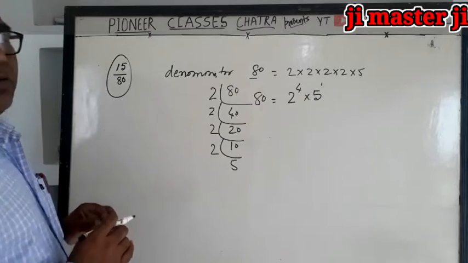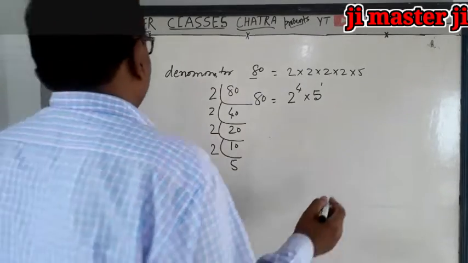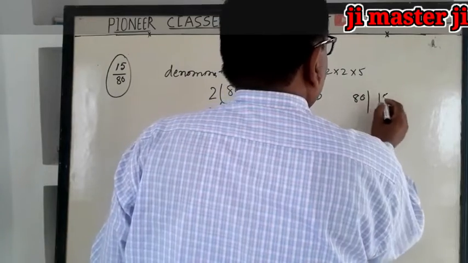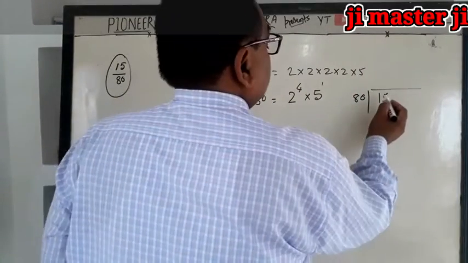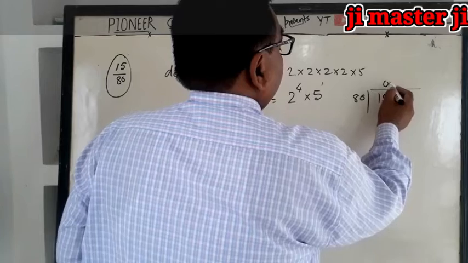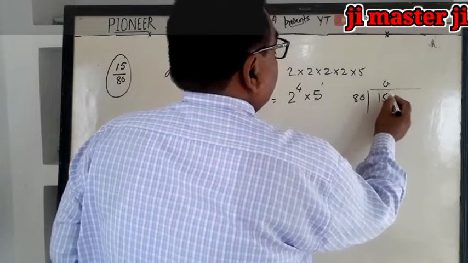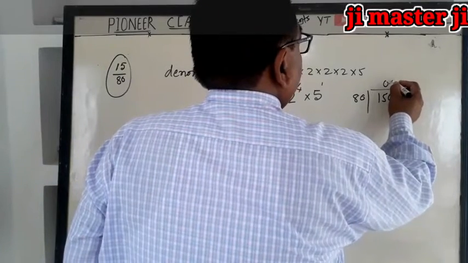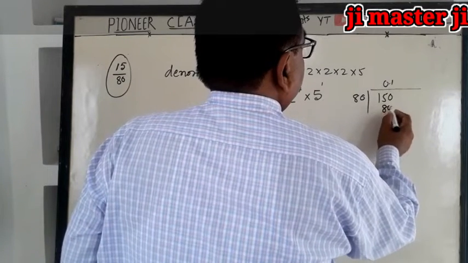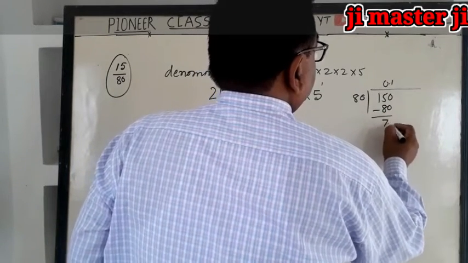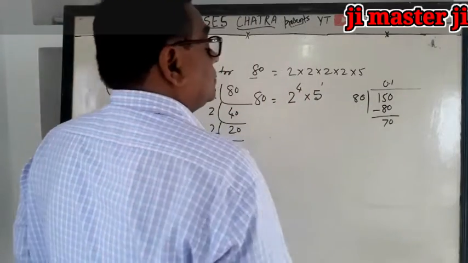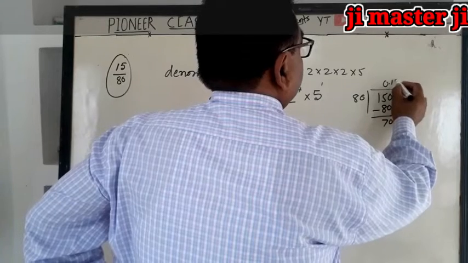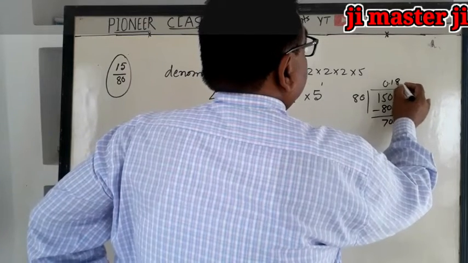Again we see by the actual division method, we divide 15 by 80 and we get 0, and we put here a decimal point, so we get a 0 after 15 and we find 8 ones are 80. So this is 70. We put a 0 here, 8 sevens are 56, 8 eights are 64.